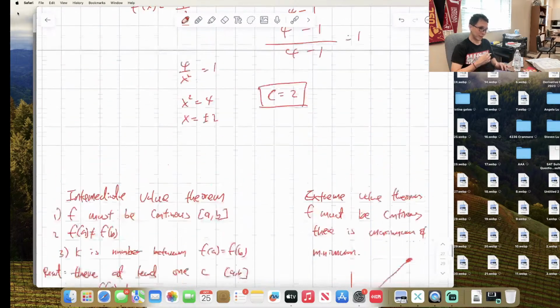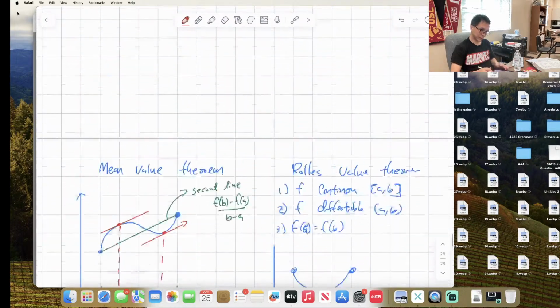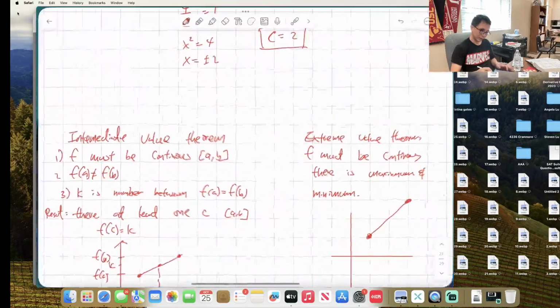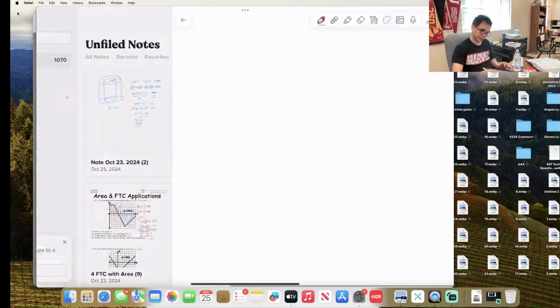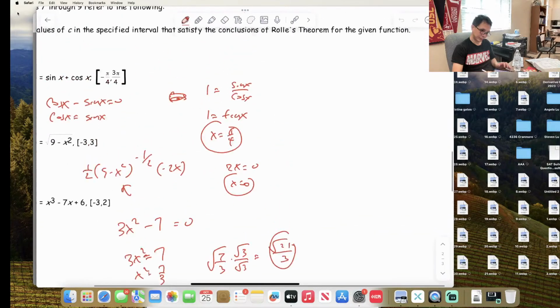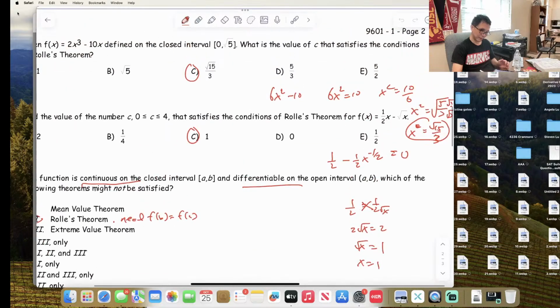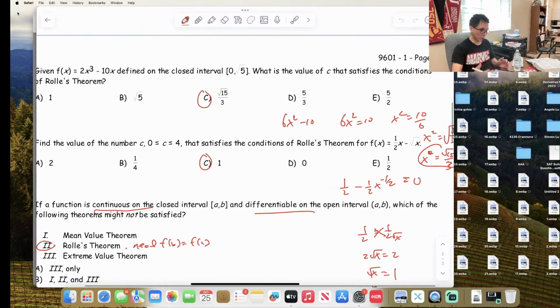So let's just say if I take a derivative here, if I did whatever I did earlier. Let's just say I have this one, I got 1. Now I happen to get another value at 0. So c equals 0 and c equals 1. 0 you've got to exclude because it happened at the endpoints.